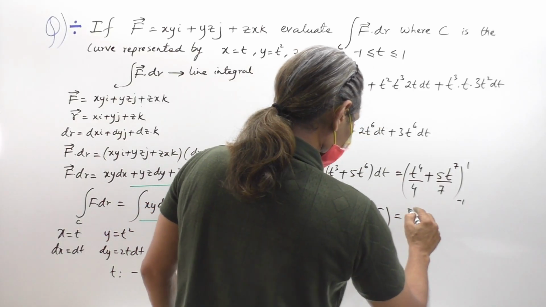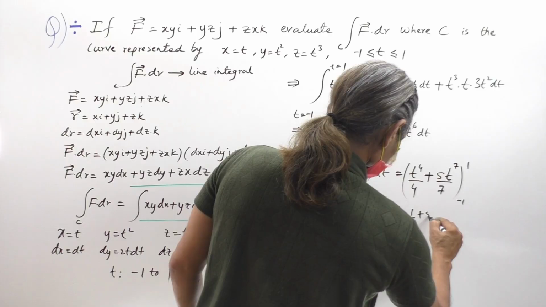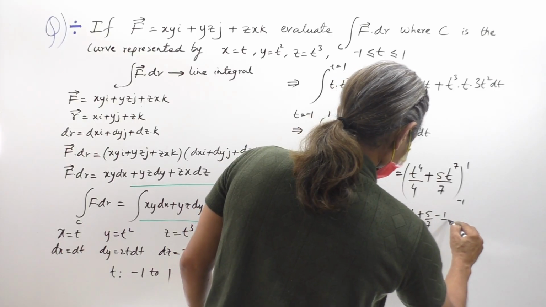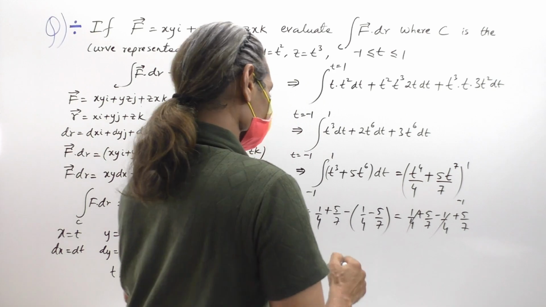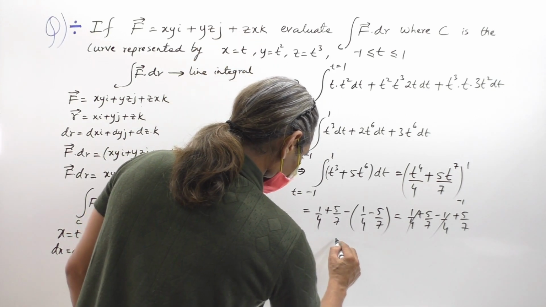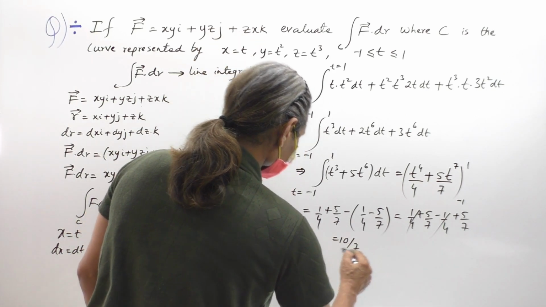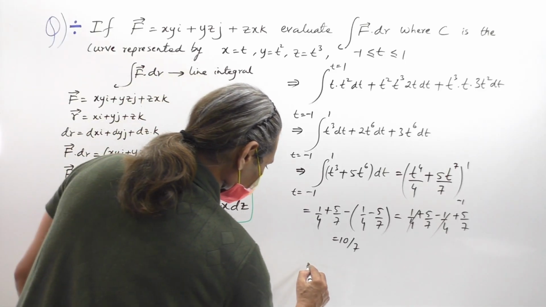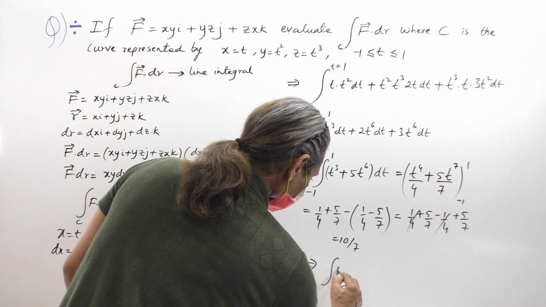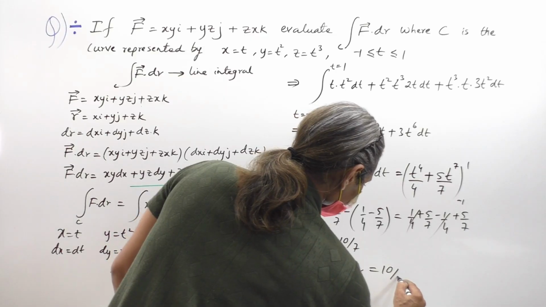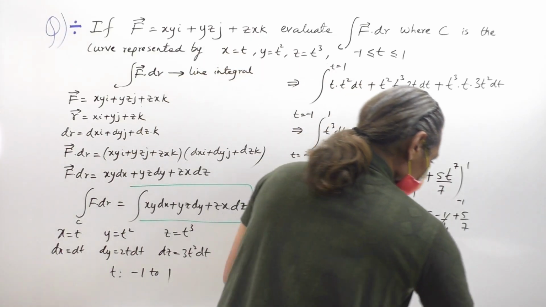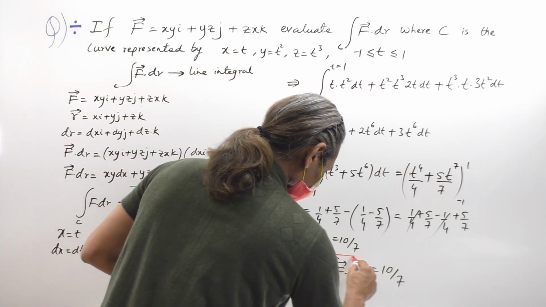So this will be 1 by 4 plus 5 over 7 minus 1 by 4 plus 5 over 7, the 1 by 4 cancels, so 5 plus 5, 10. So the answer is nothing but 10 over 7. That's all. So the integration of f dot dr equals 10 over 7. That's the answer. Beautiful.